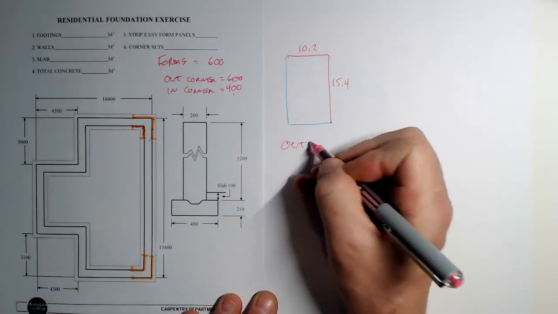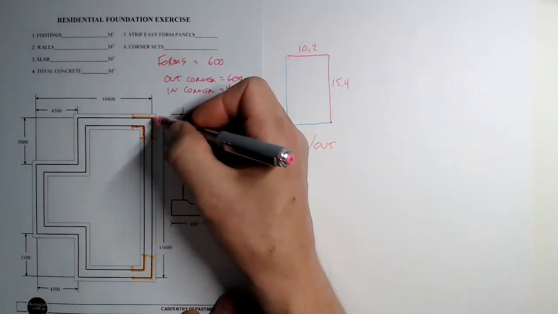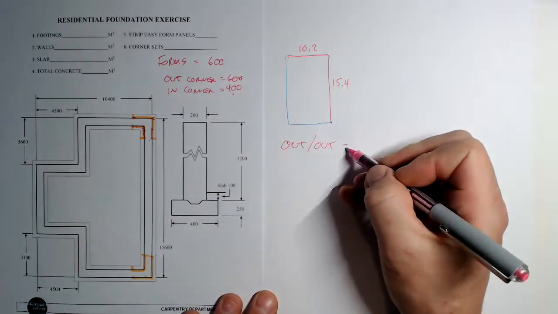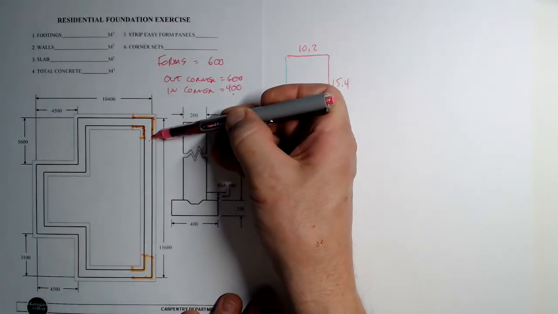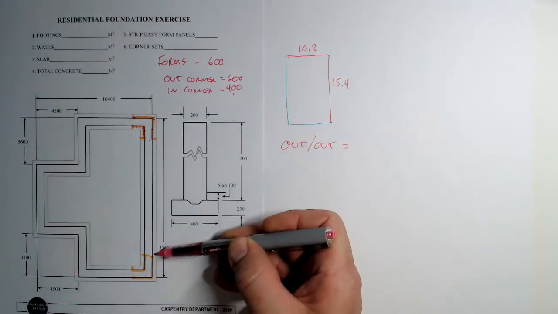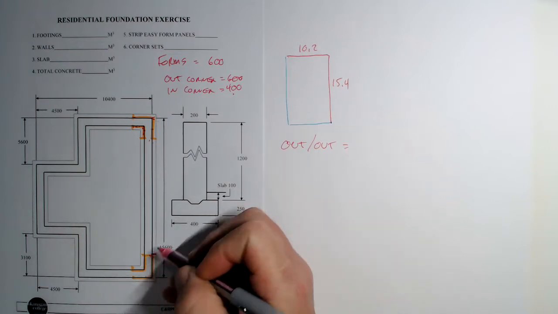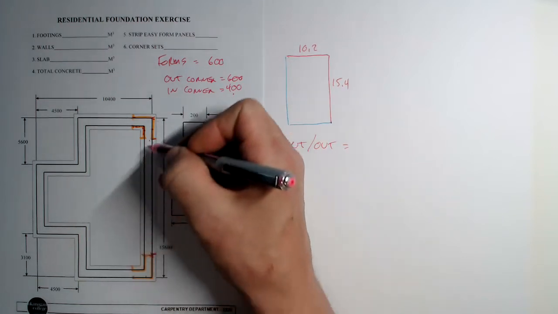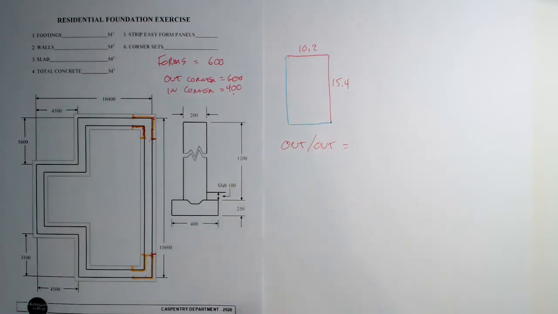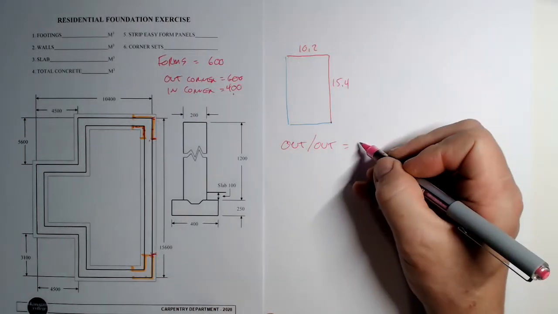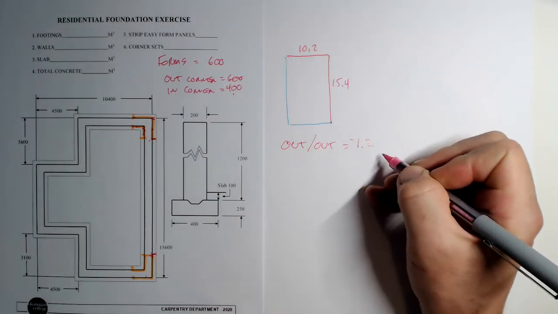If it's an outside to outside corner like this, we will minus one outside corner panel of 600 here and one outside corner panel of 600 here. That will give us the in-between corner panel dimension. So 0.6 and 0.6 is a minus 1.2.